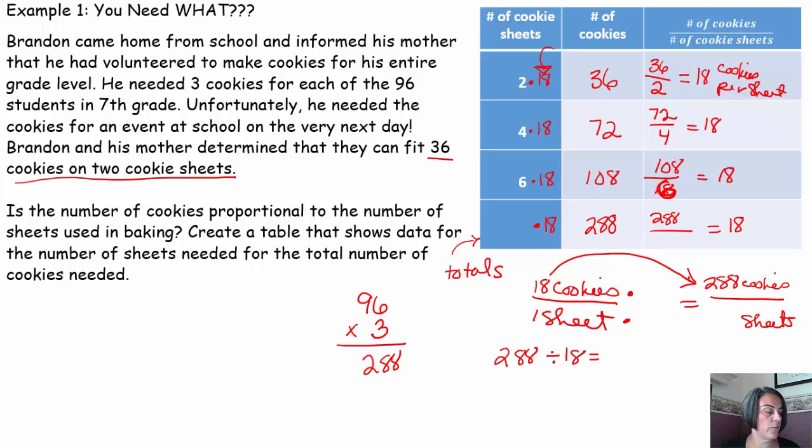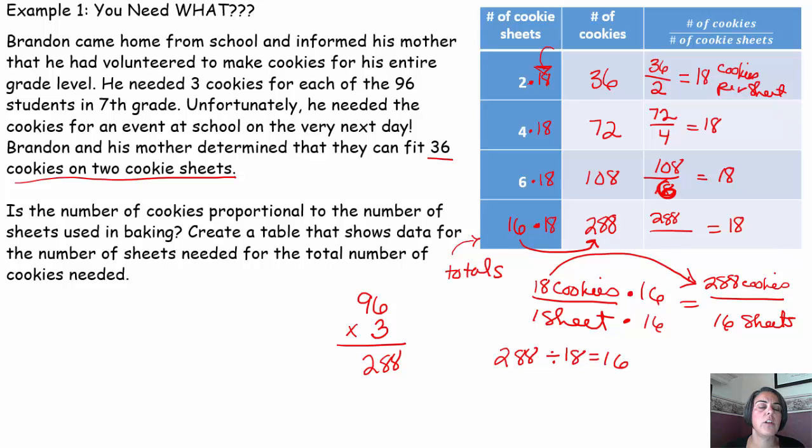Use your calculator if you need to. 288 divided by 18, you're going to find that that is 16. So 1 times 16 is 16 sheets. So you'll need 16 sheets of cookies if you want to produce 288 cookies total.